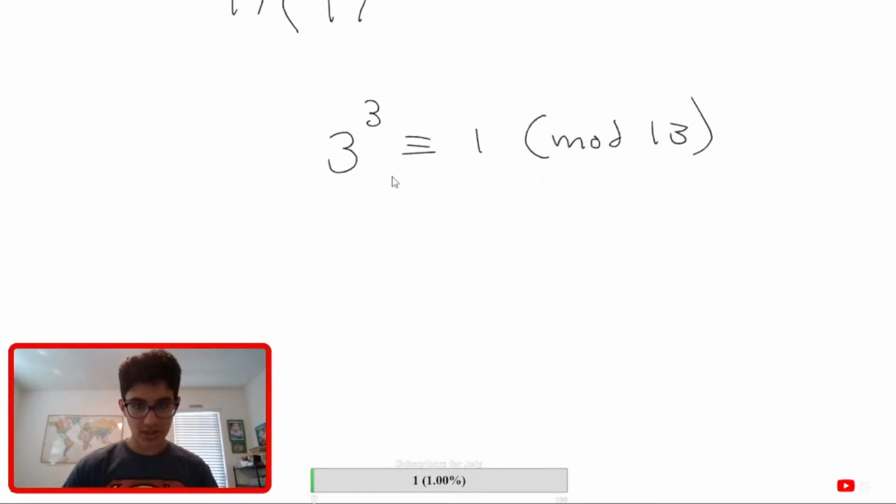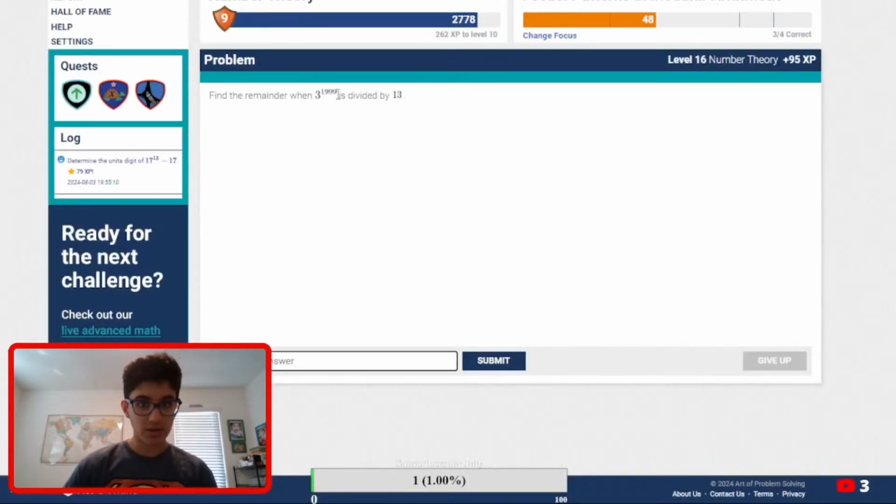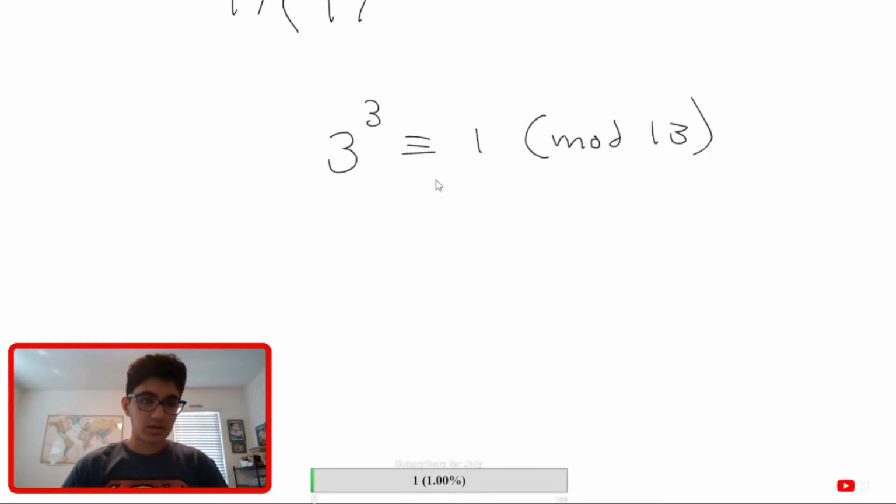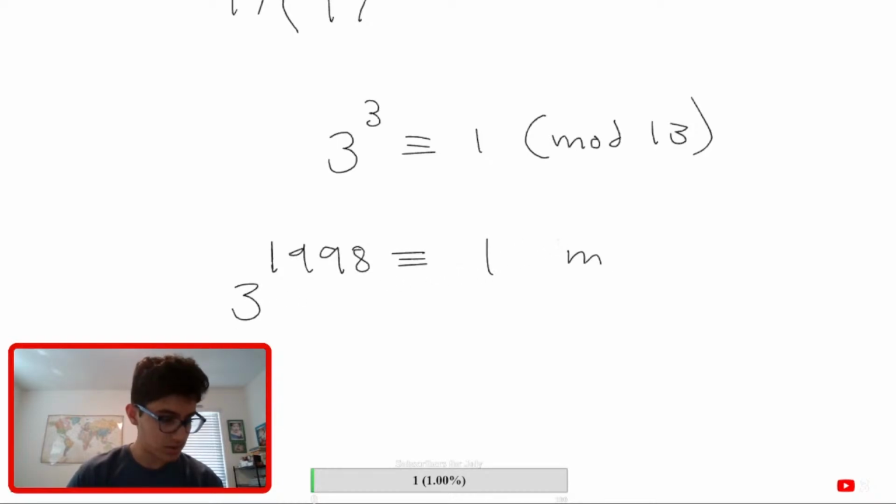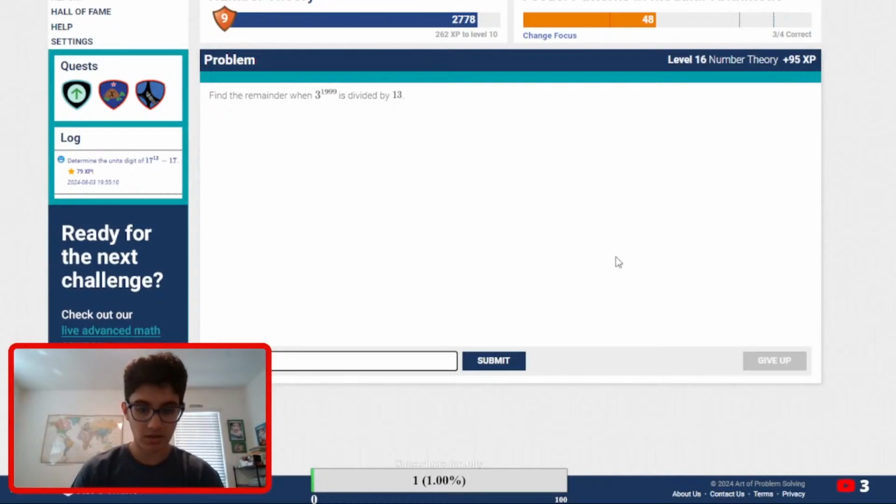Just let me know if these steps are correct. So that means that, yeah, perfect. And then 3 to the 1999. It'll be 1998 because that's a multiple of 3 is congruent to 1 mod 13. So 3. Okay. That's what I got too.